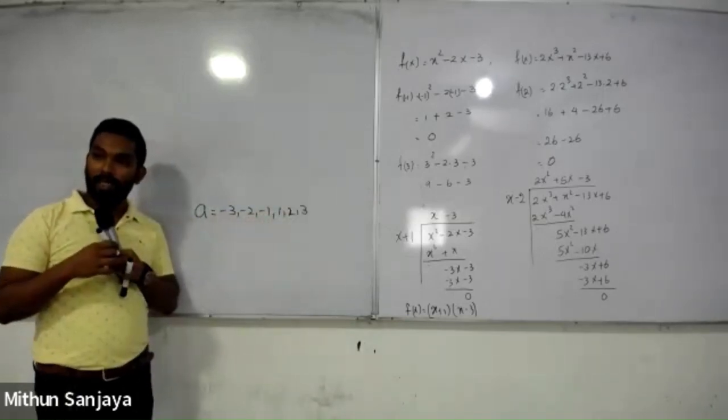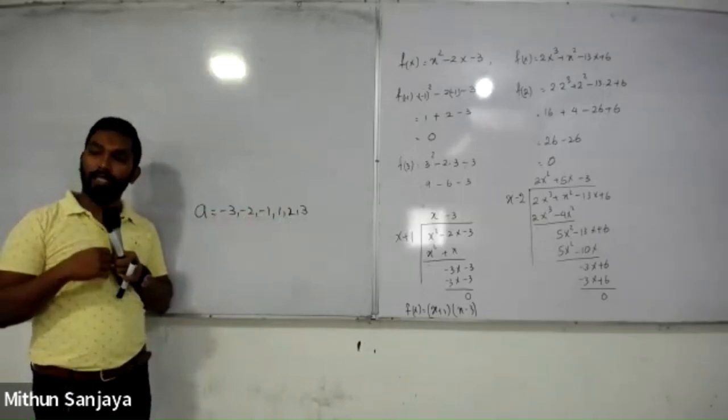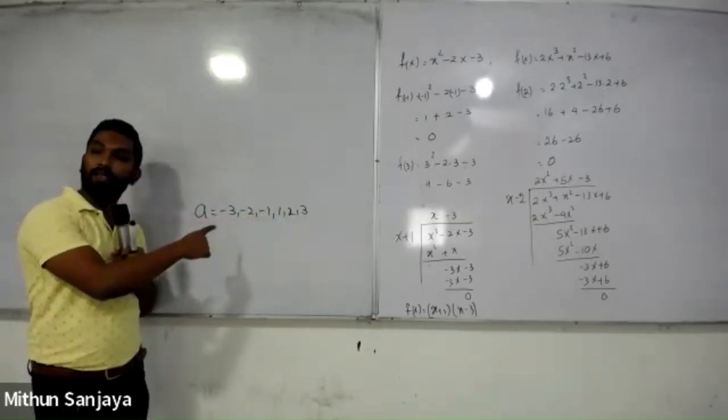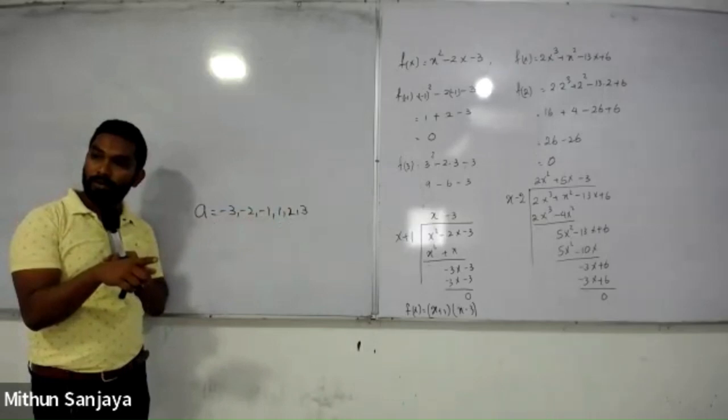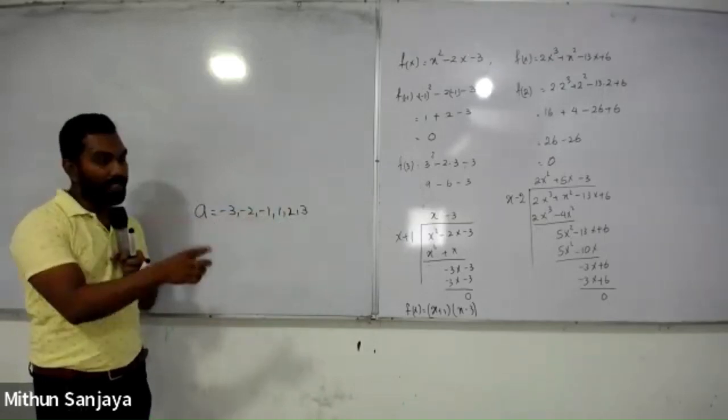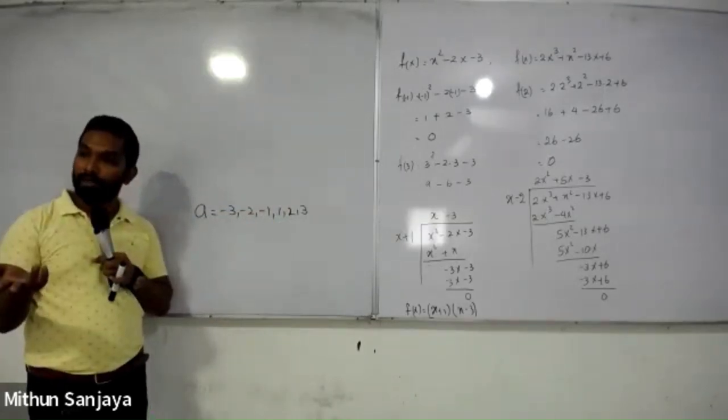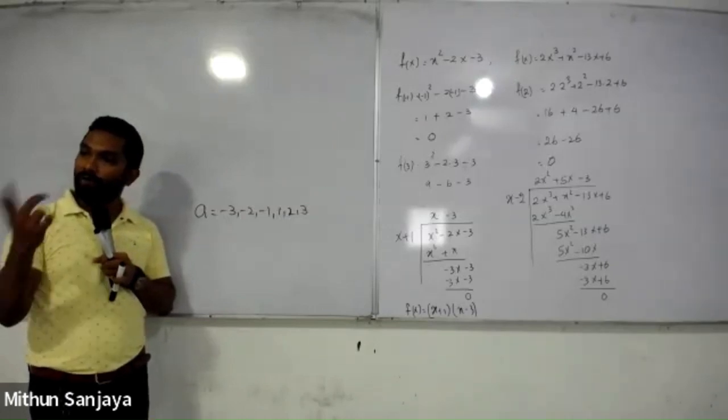If a factorization question is given, definitely one of them gives the zero. Once we find one factor, how do we get the other?